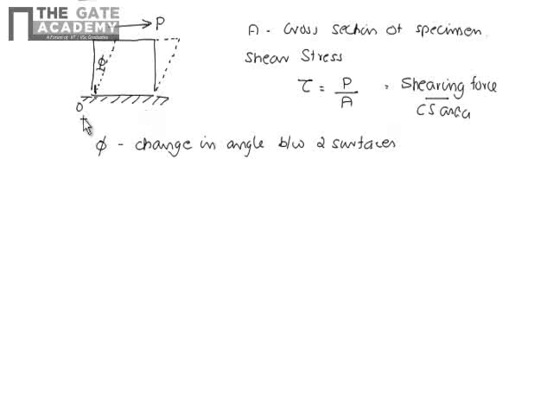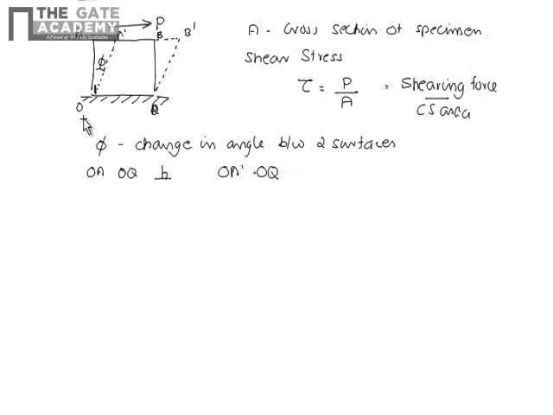If I write this as OA, A dash, and OQ: initially, lines OA and OQ were perpendicular to each other. Now OA has come to the position OA dash and OQ still remains as OQ.